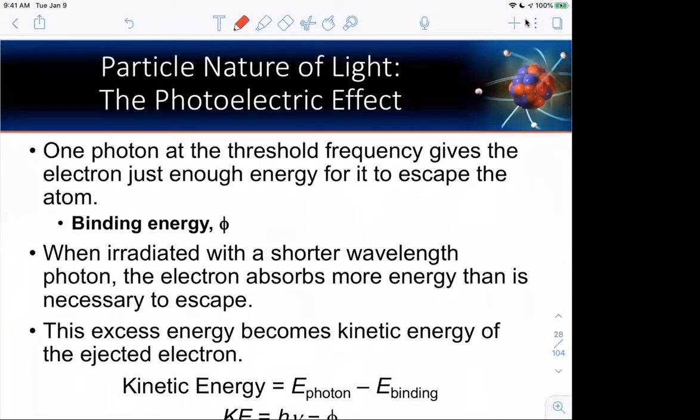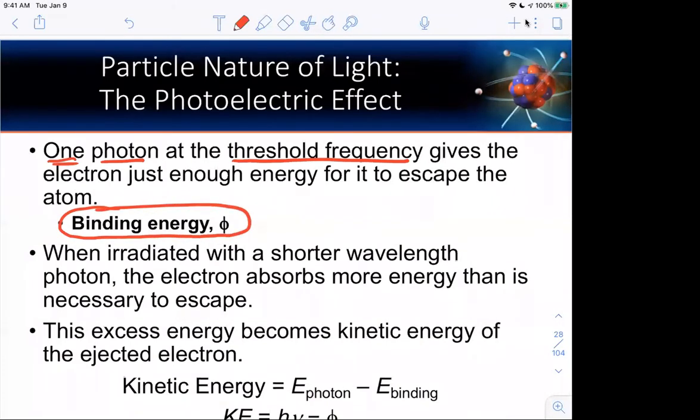So let's get back to the photoelectric effect. One photon at the threshold frequency gives the electron just enough energy for it to escape the atom. So this is called the binding energy.